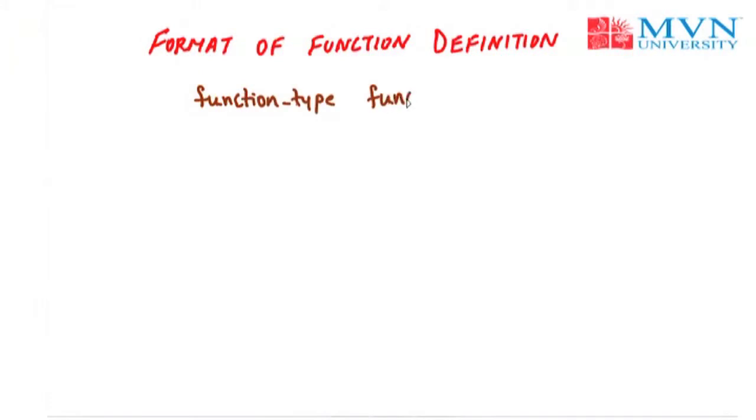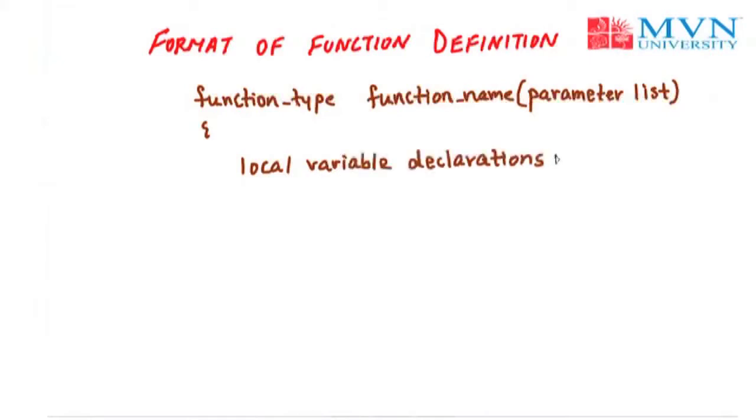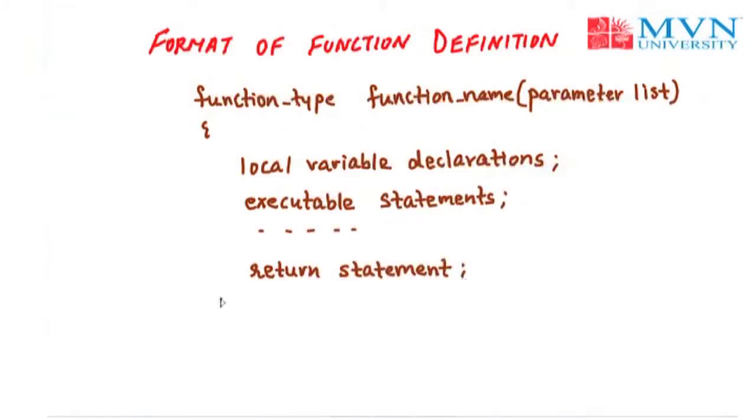Now let's discuss the format for the function definition. Function type, then we have to write function name. In the parenthesis we have to write the parameter list, then the opening braces. Inside the function, the first is local variable declarations, semicolon, executable statements, and the last is the return statement, then the closing braces.